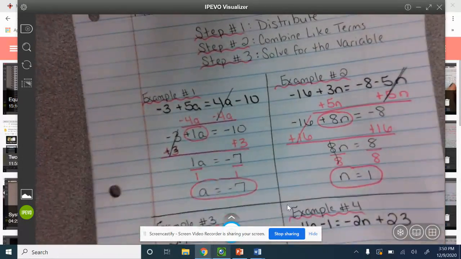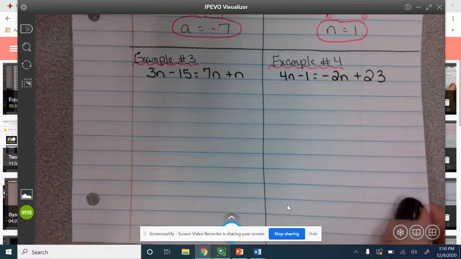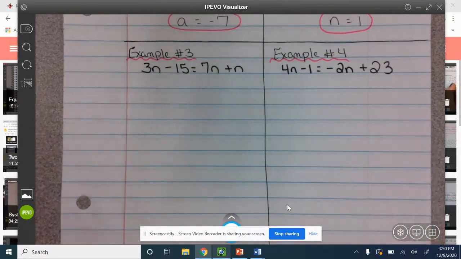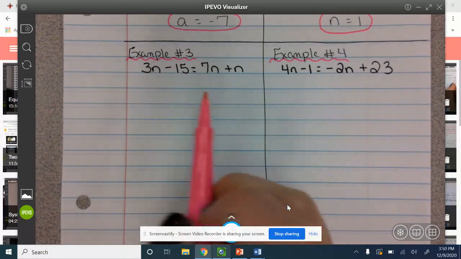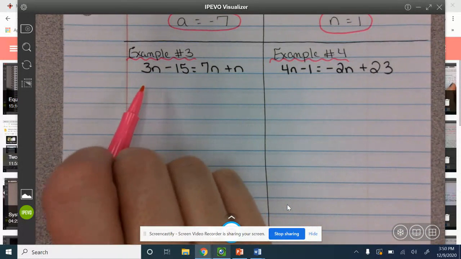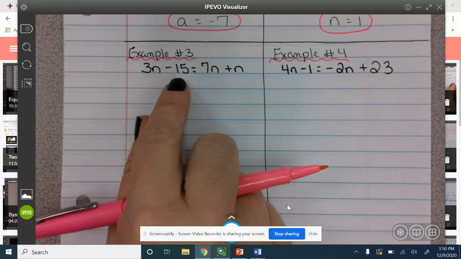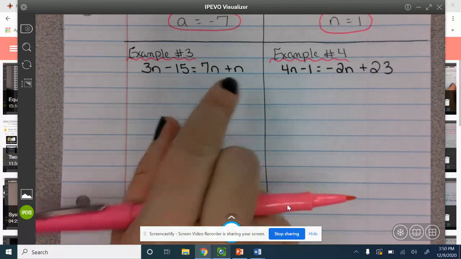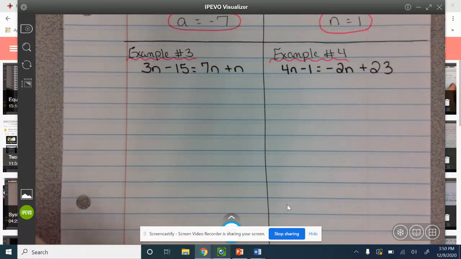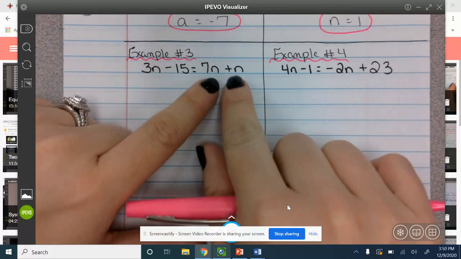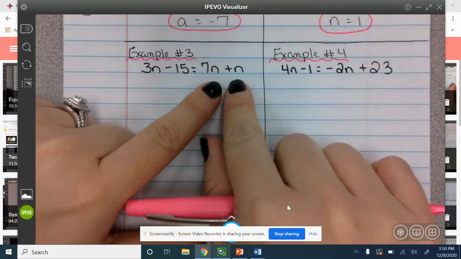Okay. We have 2 more. We're going to go through 4 examples today before you get to practice a few. On this one, example 3, I have 3n minus 15 equals 7n plus n. Now, our first thing we need to do is get all our variables together. But I have 2 variables right here that are side by side.